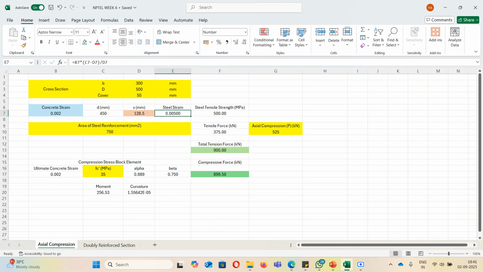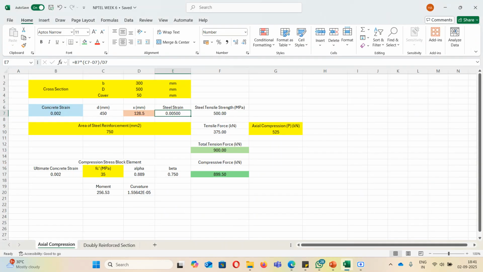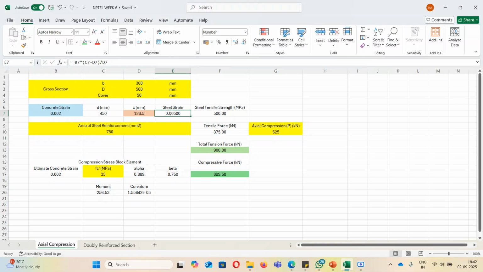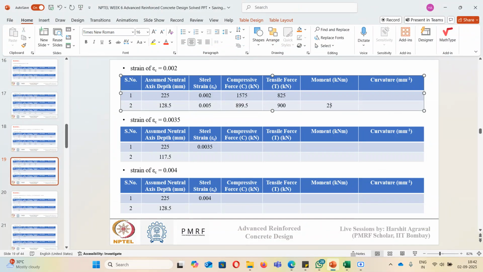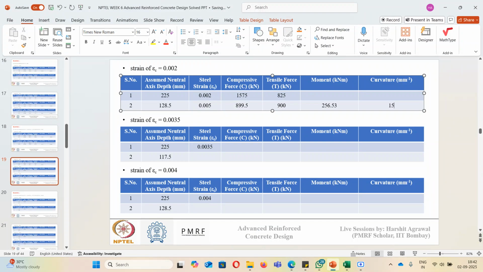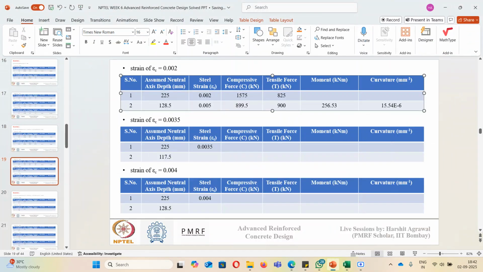At 128.5, the strain in steel it is becoming 0.005. Compression force is 899.5. Tension force is 900. So both are almost equal. So moment capacity we can take now 256.53, and curvature it is 115.54 into 10 to the power minus 6.